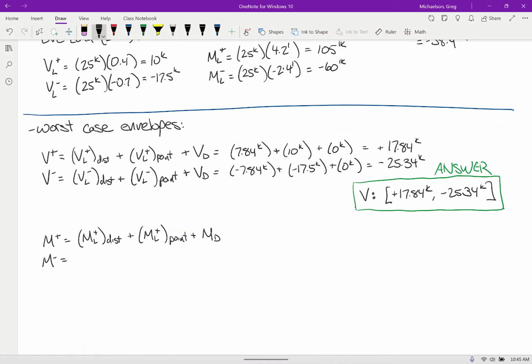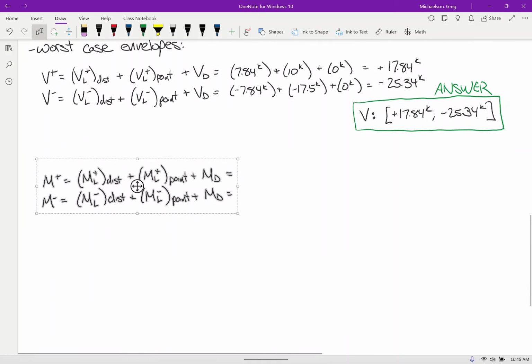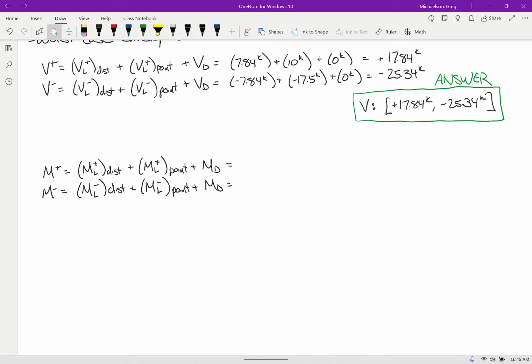We have to consider it. Okay, so one of the things that you'll find with these problems is that more than anything, they are simply a bookkeeping issue. Okay, so let's see.